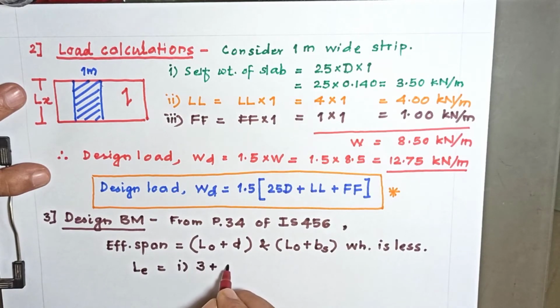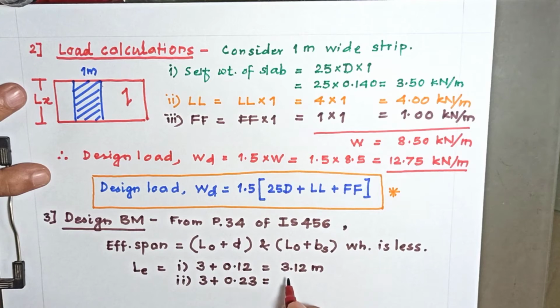What is small d? 120 mm, that is 0.12, which comes out to be 3.12 meter. And the second one is clear span plus width of the support 0.23, BS by 2 on one side, BS by 2 on the second side. So this is 3.23 meter.